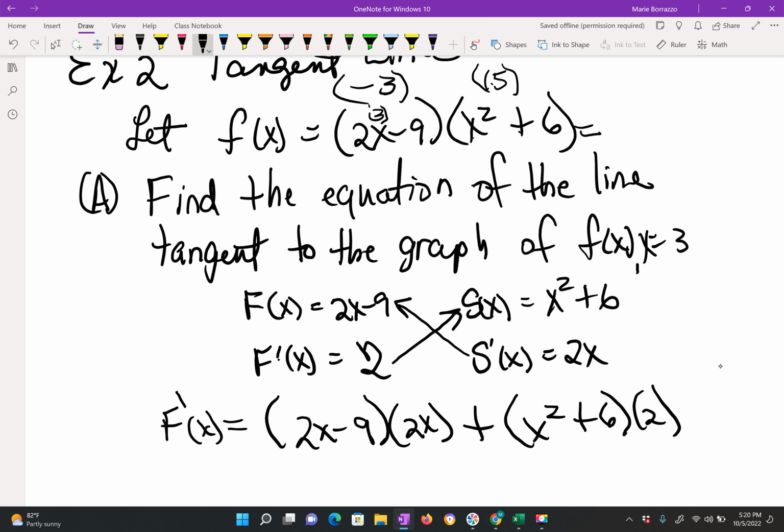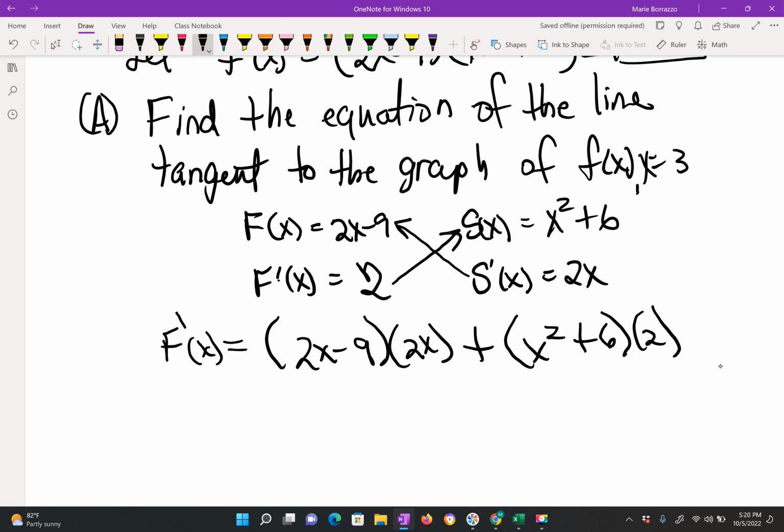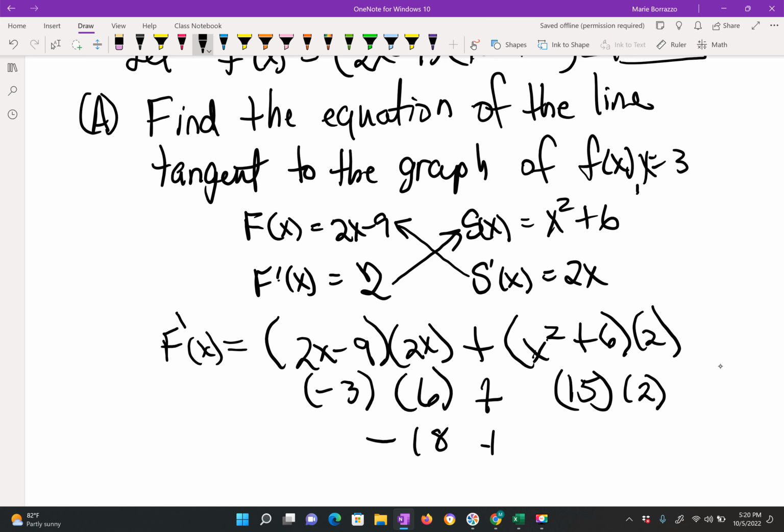So negative 3 times 15 is negative 45. Now over here, we plug in 3: this is negative 3 times 6, plus 9 plus 6, so 15, times 2. So we end up with negative 18 plus 30 equals 12.